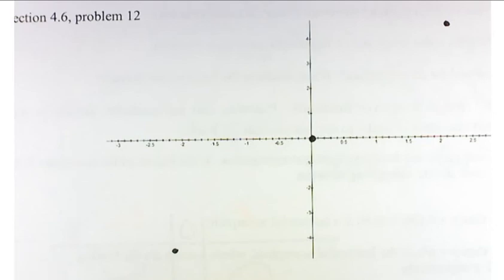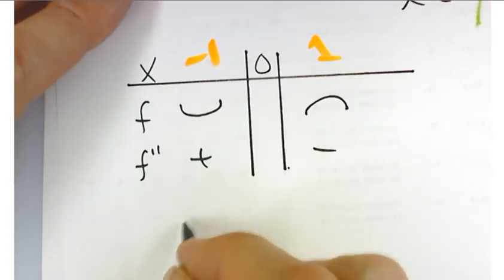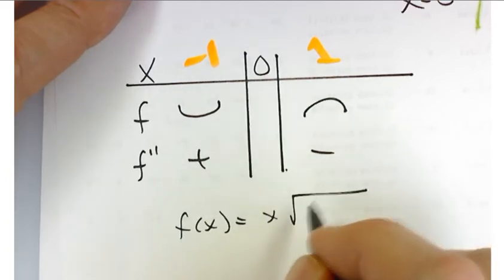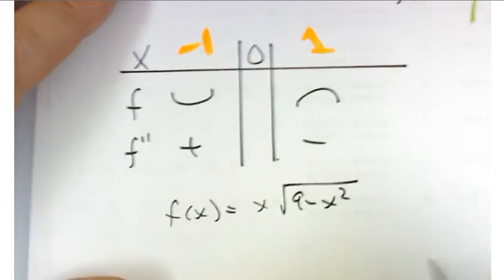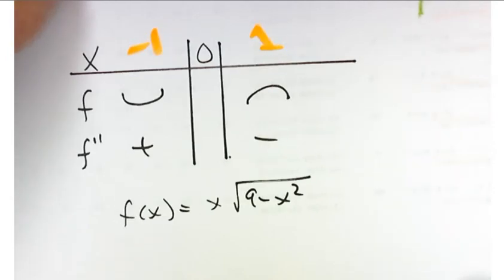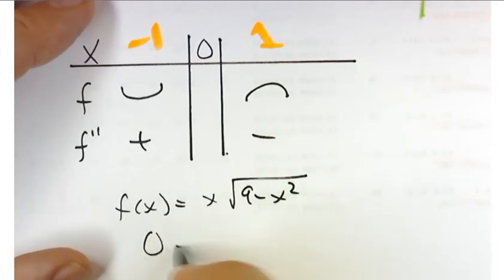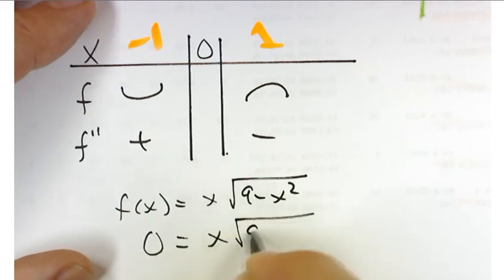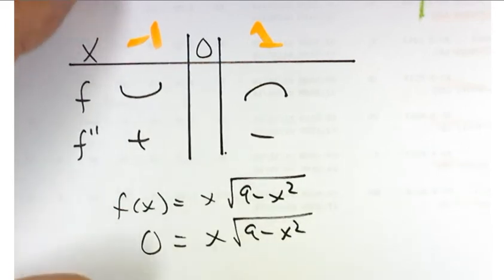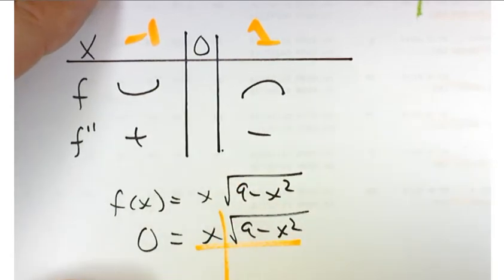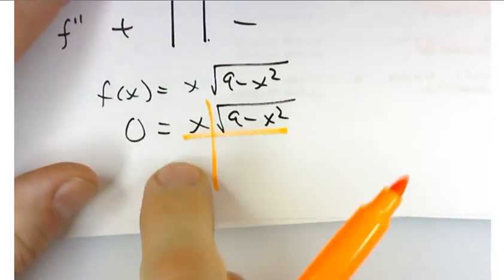I guess there's one more thing that we should have probably looked at. I can look at it quickly enough with you. f of x was x times the square root of 9 minus x squared. We didn't take time to find the x-intercepts. The x-intercepts are when y equals 0. And we can see one of those right off the bat, and that's x equals 0.